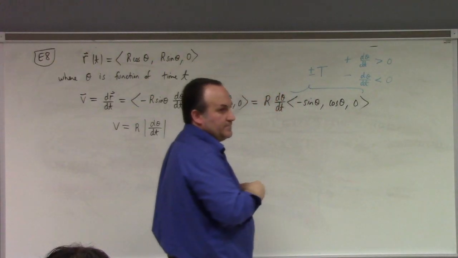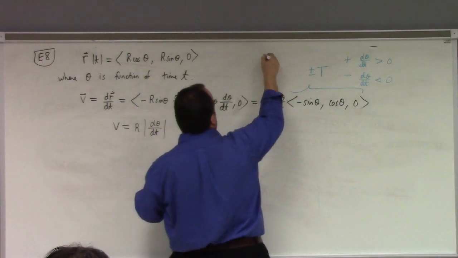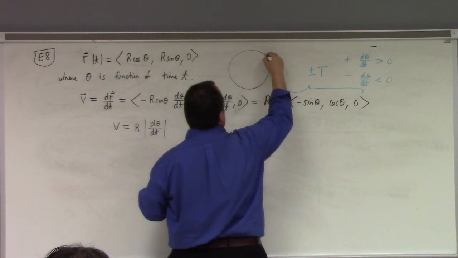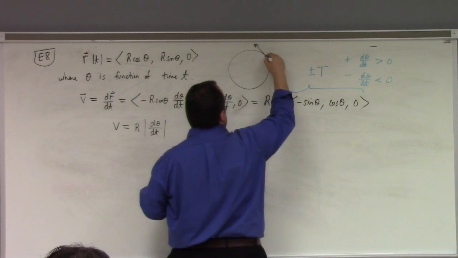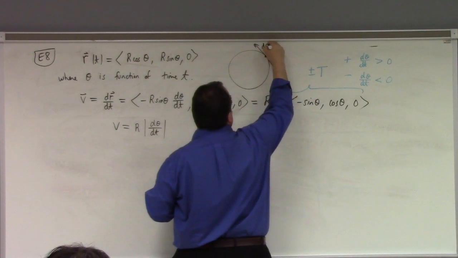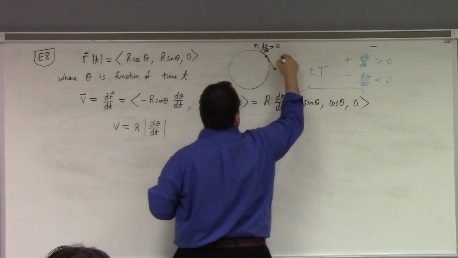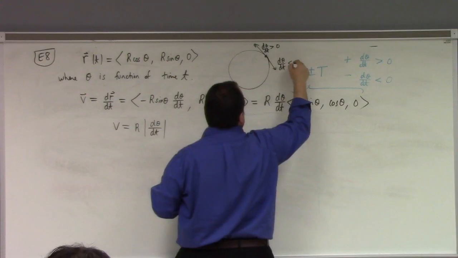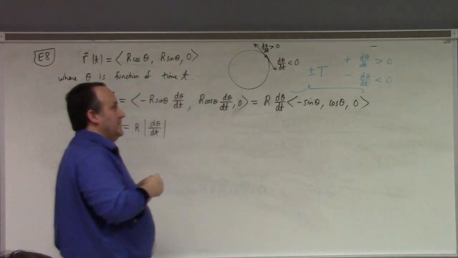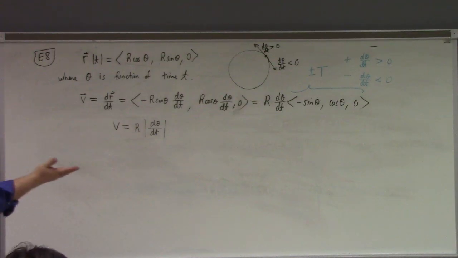Because either the path is going this way at that point, or it's going that way. So d theta dt greater than 0, d theta dt less than 0. Clockwise is negative in the theta direction, yeah? Okay, so great, there's the velocity.